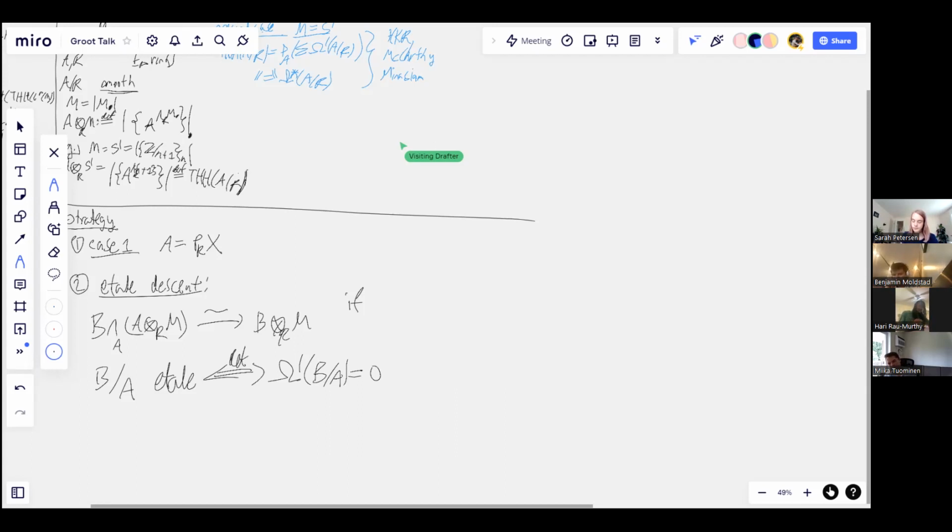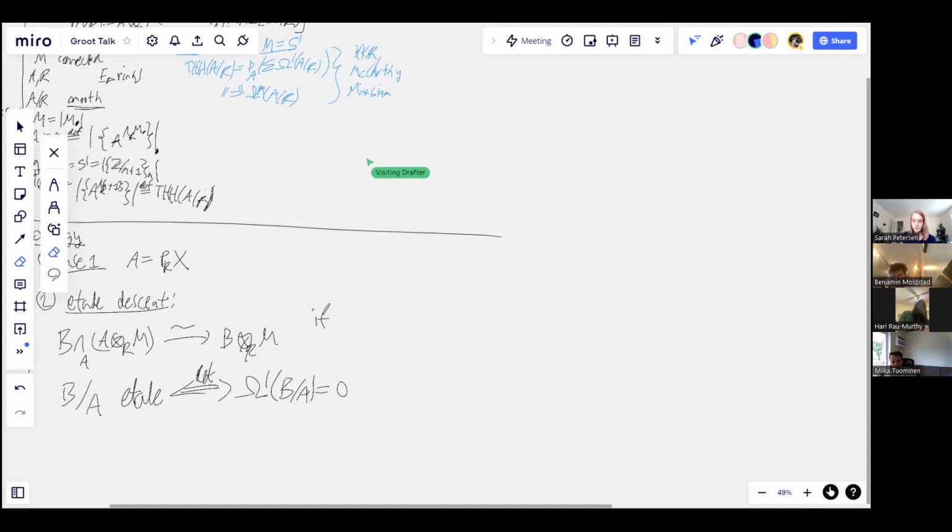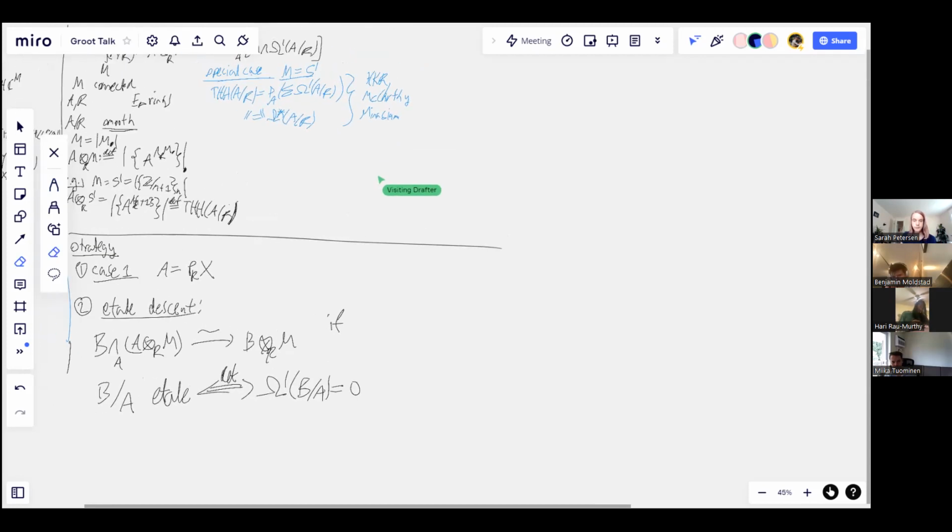So to recap, we prove the theorem in the case of a polynomial algebra, and then we use this fact, which is true in the case of an étale extension. And that is going to get us our theorem for smooth algebras.